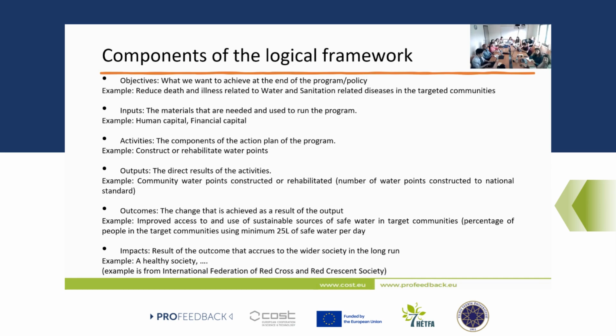For example, reduce death and illnesses in the targeted communities. Another objective could be to teach people how to mitigate, to have children not drink that water, to train families. So these could be sub-objectives, but the ultimate objective is to reduce death and illnesses.